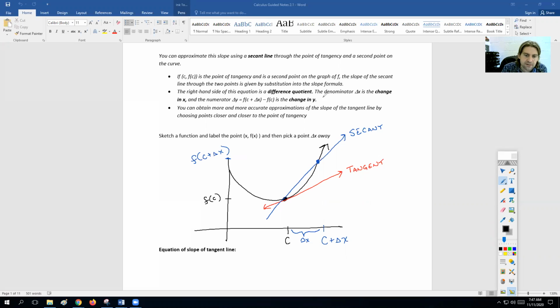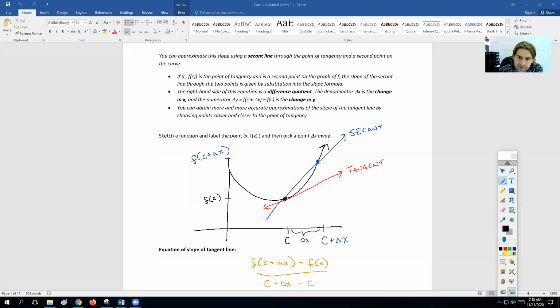So to find the slope of this secant line, all I need to do is take y2 minus y1, or f of c plus delta x minus f of c, over subtracting our x's, c plus delta x minus our first one, c. So this is the slope of the secant line. That's this slope right here.